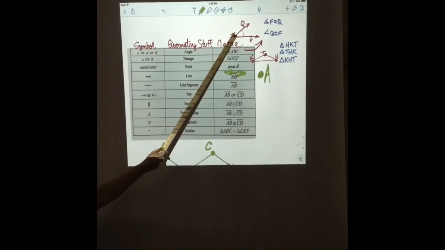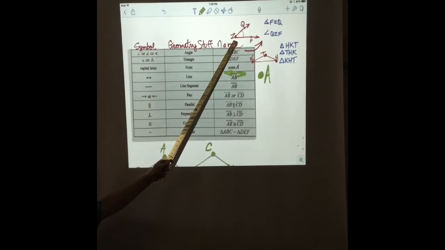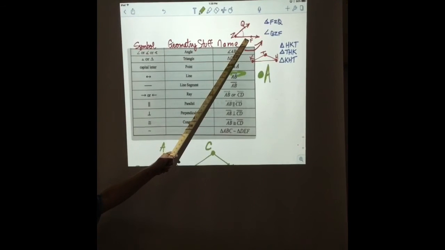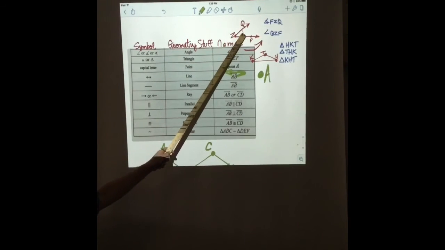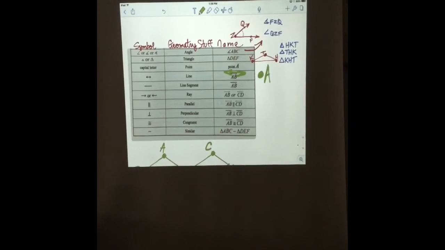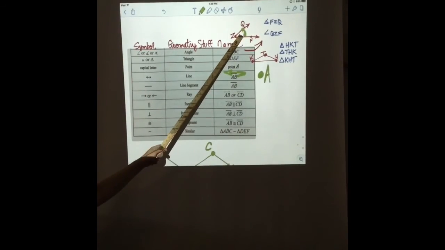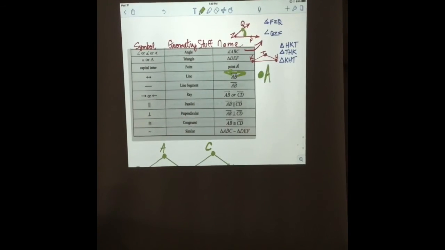Angle would be an angle with a vertex with two rays going out from it. And the two rays, we would measure this inside area right here. And that would be our angle. And that's probably close to a 45-degree angle would be my guess. Okay?